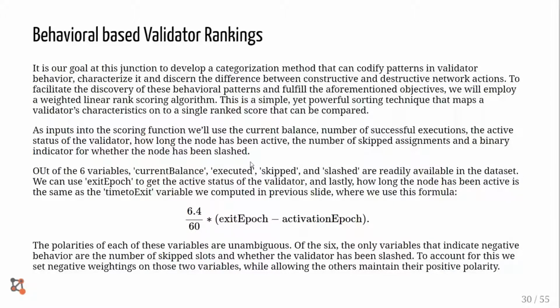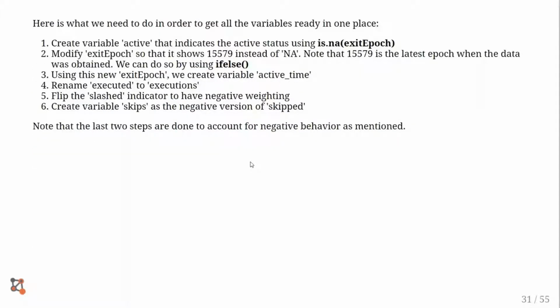In particular, two of the variables, the number of skip slots and whether the validator has been slashed, indicate negative behavior, so we will need to put a negative weighting on those. So here's what we need to do. First, we create a variable active that indicates the active status.